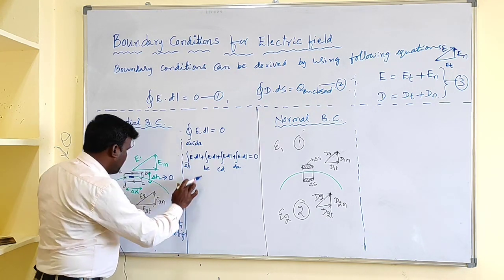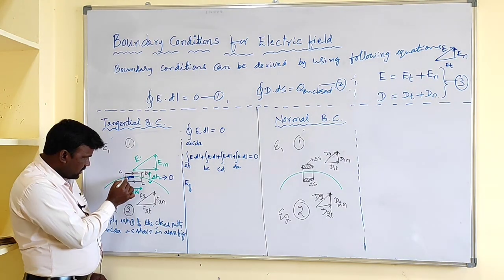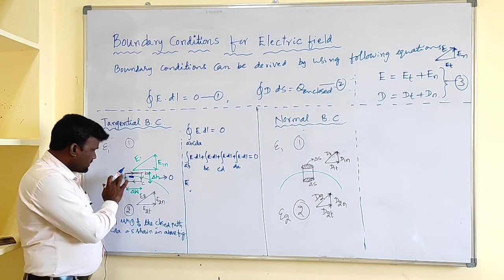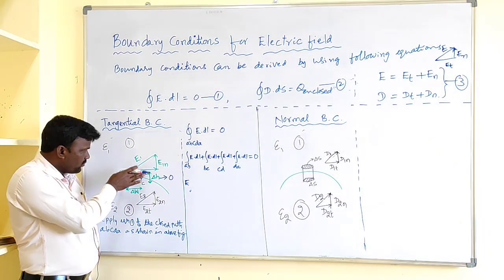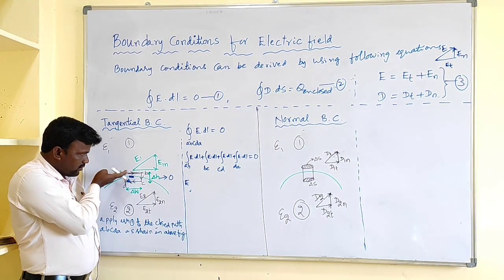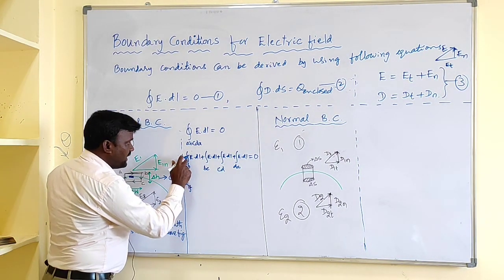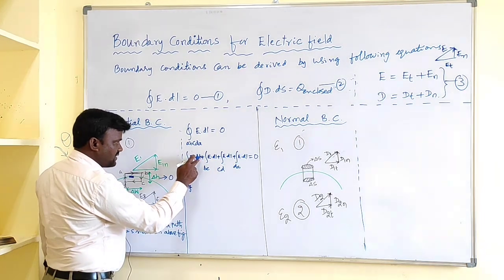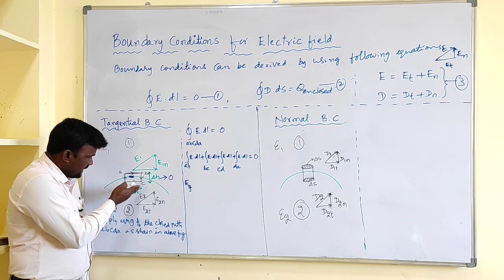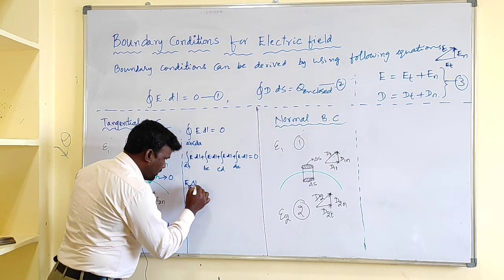As it is in the first medium, along AB we have the field component E1, and this should be the tangential component. AB means tangential direction, so that's why it is E1t. And integral and differentiation cancel, we have length. That length is nothing but what? Along AB, the length of this one is nothing but delta W.